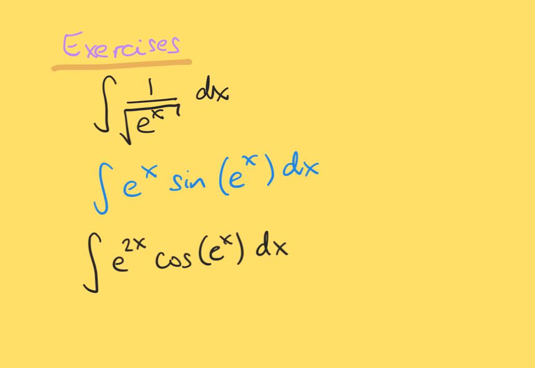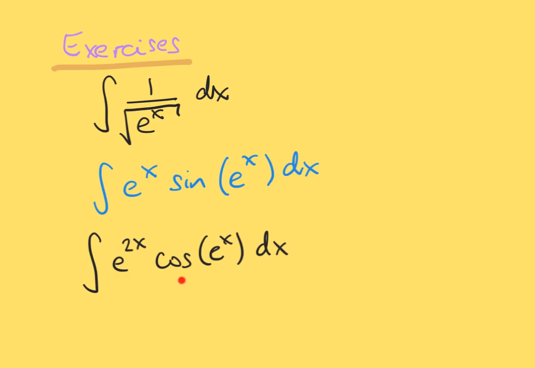Okay, so here are the hints. The first exercise is very much like the first one at the beginning, and you can just do it using the rules for powers. The second exercise can be calculated by inspection. This is the derivative of the argument here. You can just write the answer down.